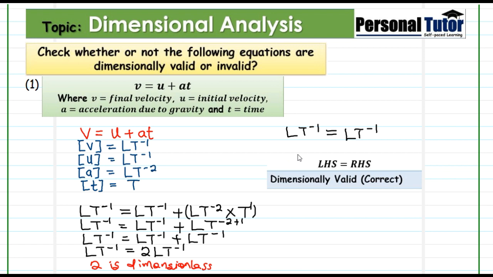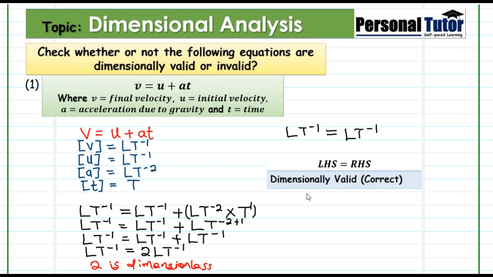So by this inspection, you could confidently state that since the quantity on the left hand side is exactly the same as the right hand side, the equation V equals U plus AT is dimensionally valid. So this is how we check the validity of an equation.